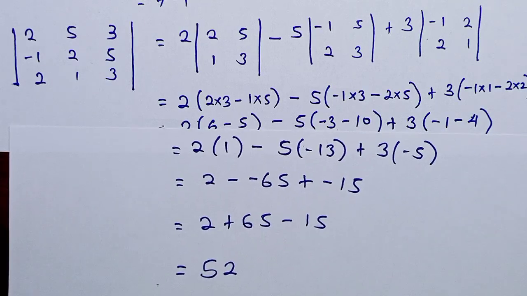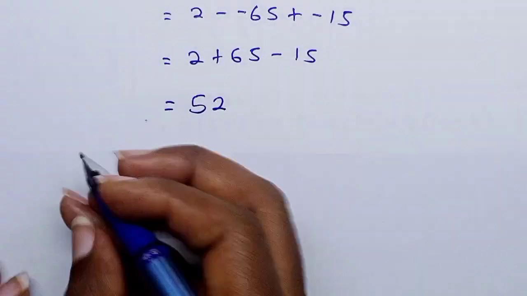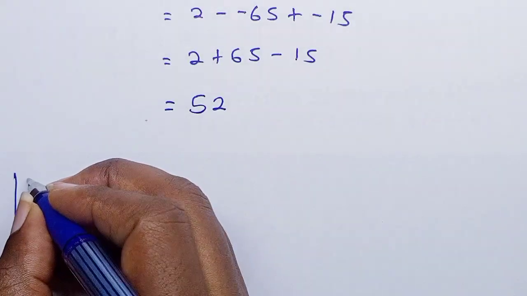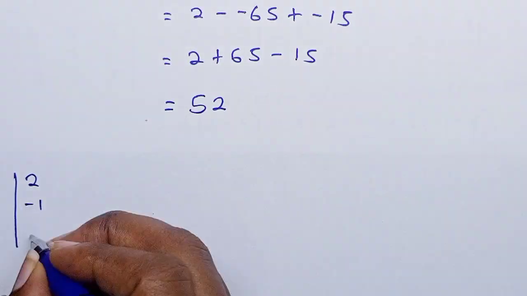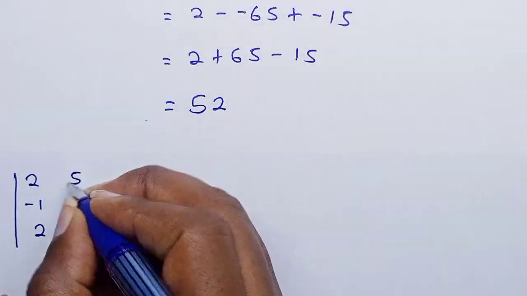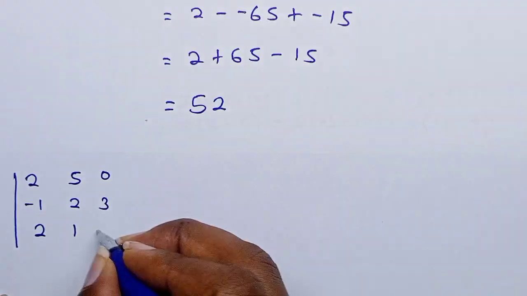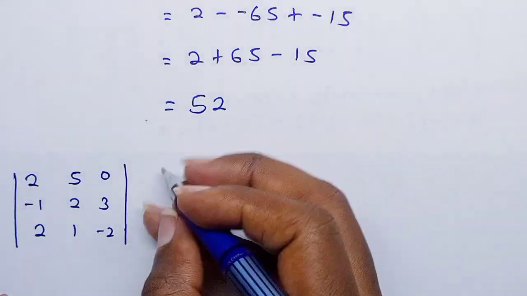Now let's find the fourth one, which was the determinant of 2, negative 1, 2, 5, 2, 1, 0, 3, negative 2.